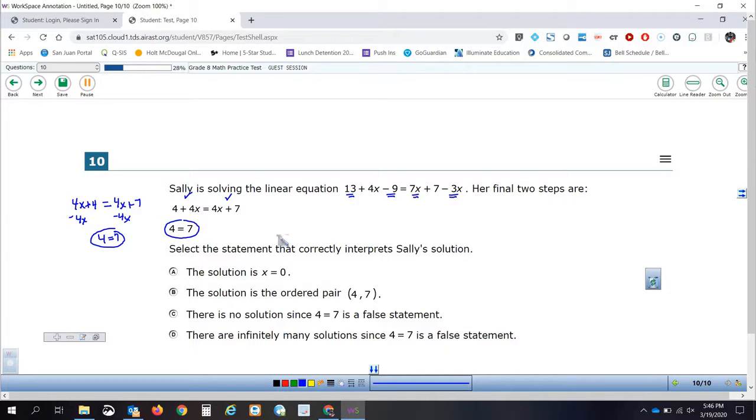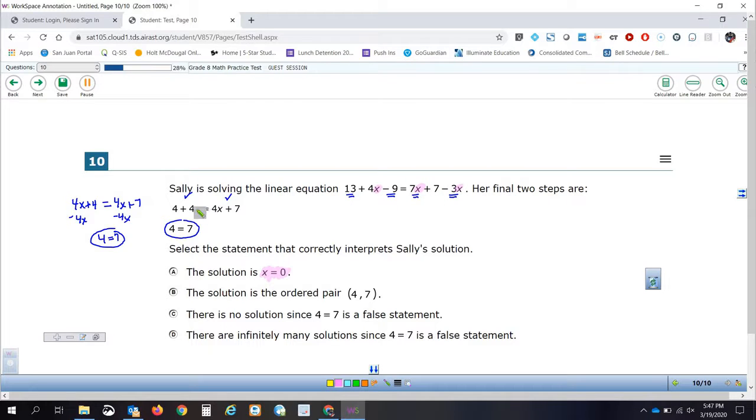And they give us some answers. All right, so does it mean that x is 0? Now, just a reminder, and I've said this over and over and over again in class, solving an equation is finding the value of the variable that makes the equation true. So if the solution is x equals 0, then what we are saying is we can put 0 in there, and the two sides should be equal.